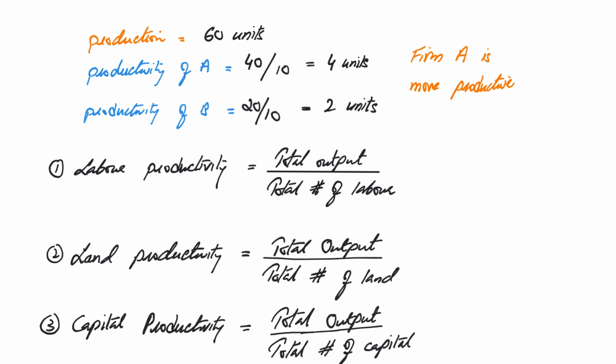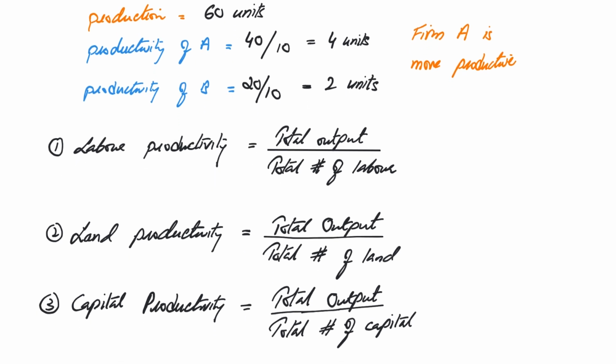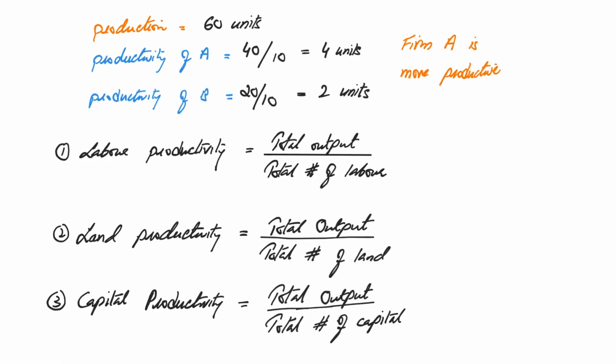And I will get my per machine output that I've produced. So you can use any of these. Agar unhone resource diya hai simply divide by resource. Input bola hai simply divide by input. Agar labor productivity chahiye to number of labor. Agar land productivity so number of land. Capital productivity, number of capital.